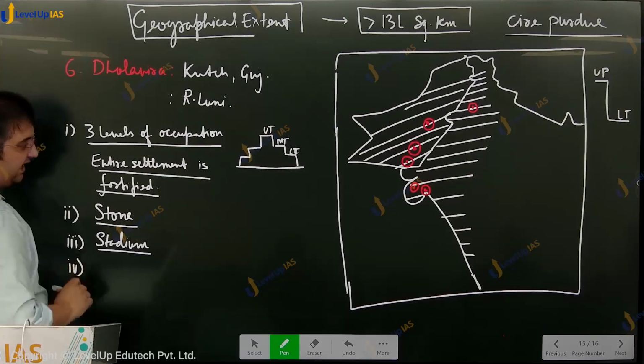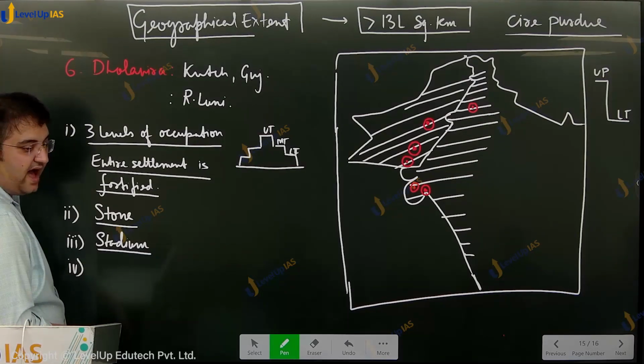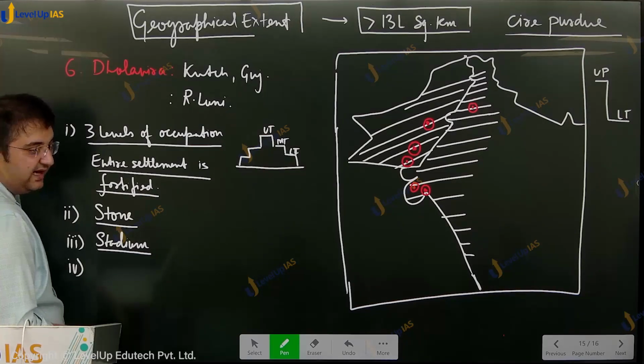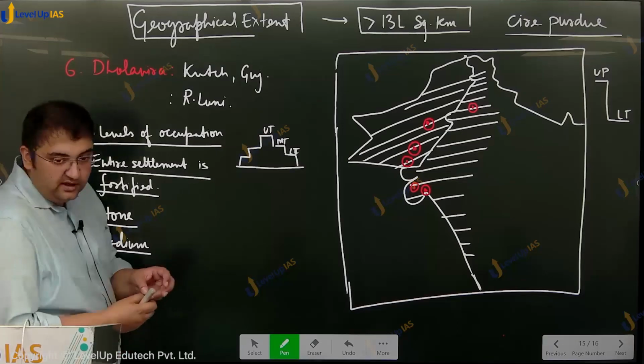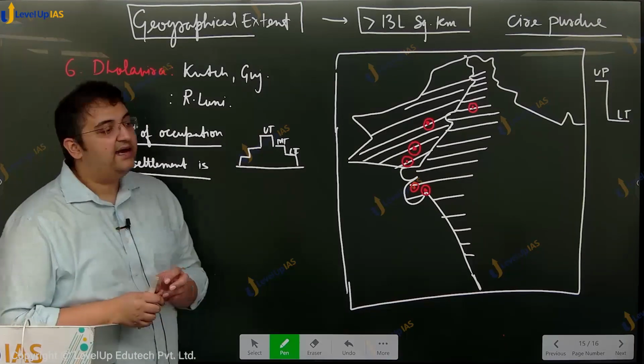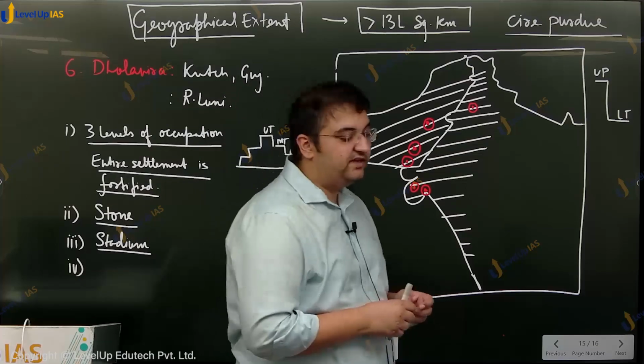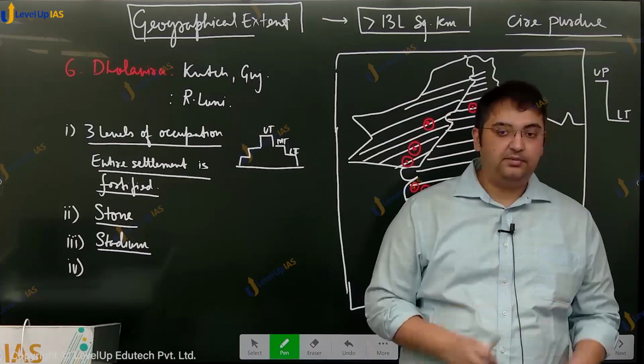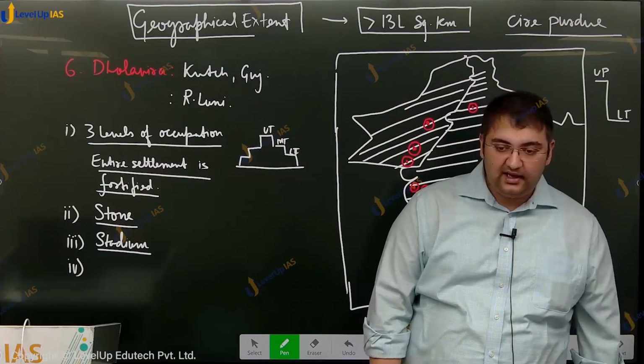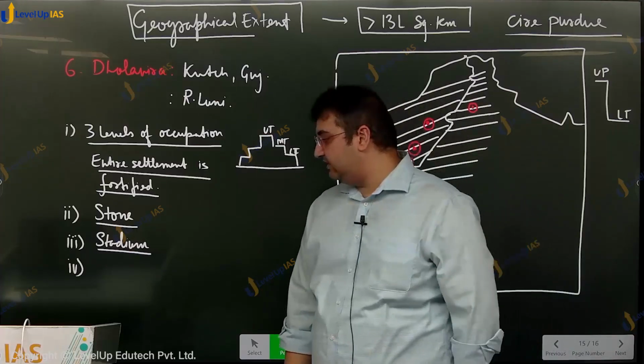The region of Kutch in Gujarat किस तरह का region है? Arid region or humid region? Arid region है, right? Therefore, water scarcity has always been a big problem. And as a result, water conservation was a much higher priority for the people of Dholavira than the other dwellers of the Harappan civilization.